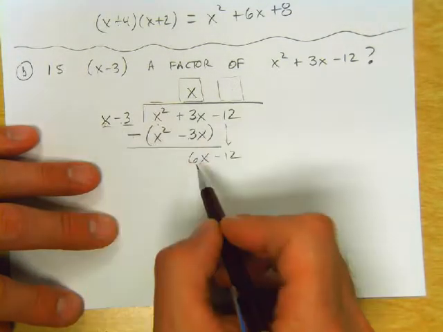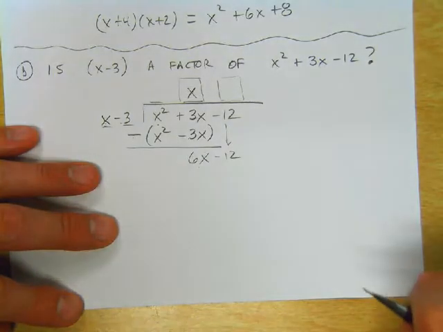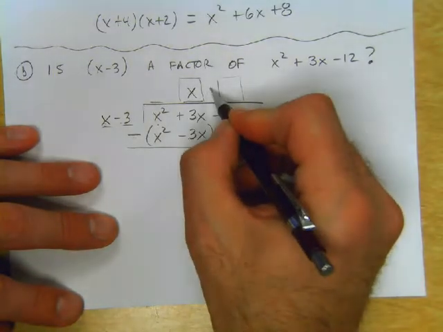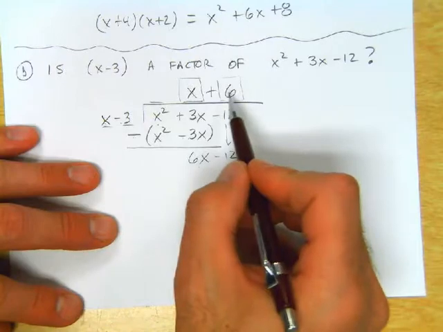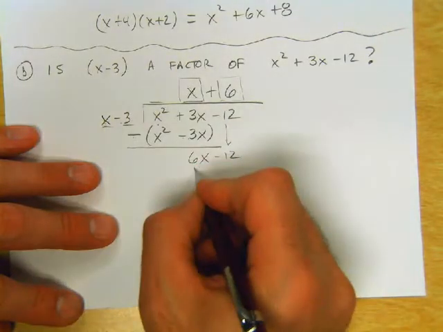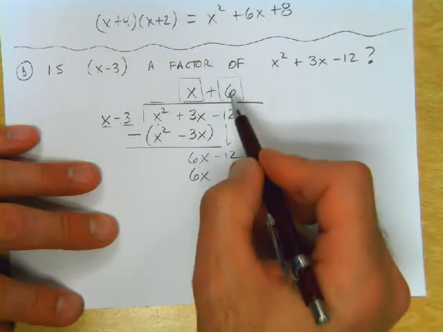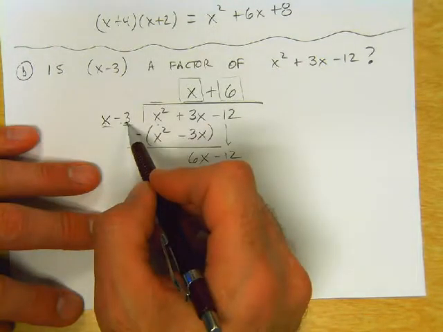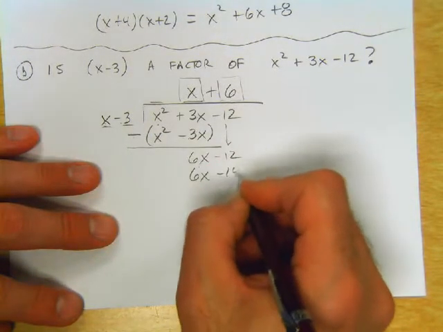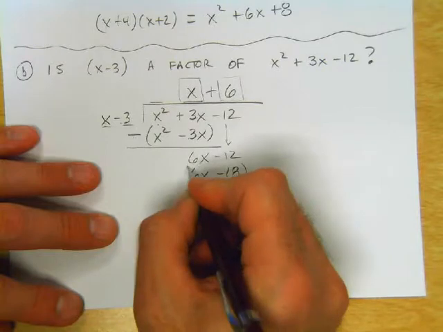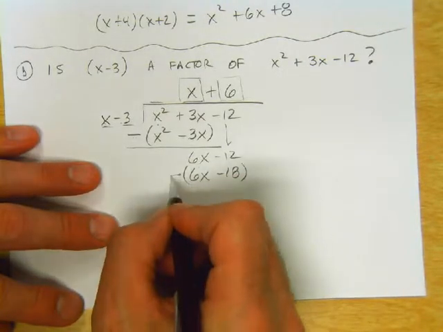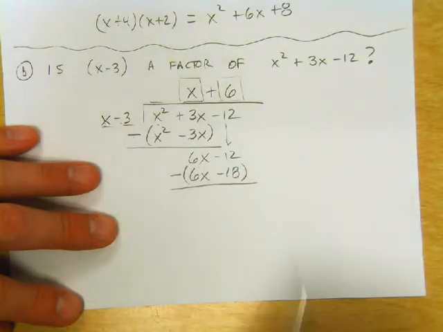And now multiply. 6 times x is 6x. 6 times negative 3 is negative 18. Put that in parentheses and subtract. 6x minus 6x is 0.